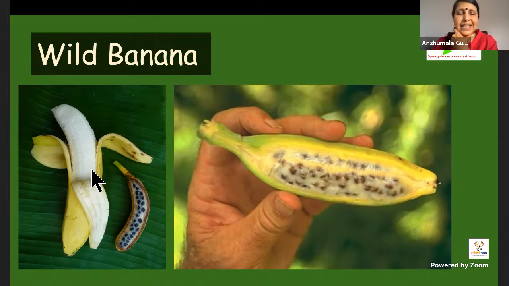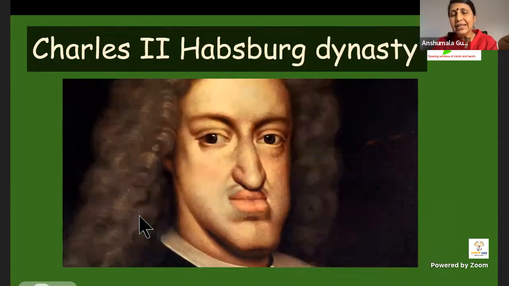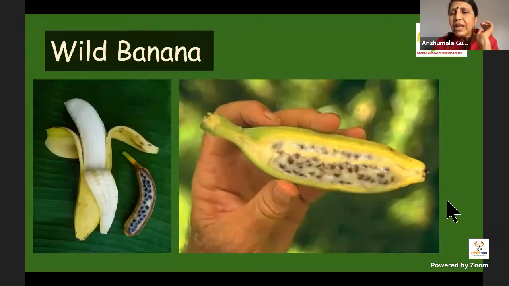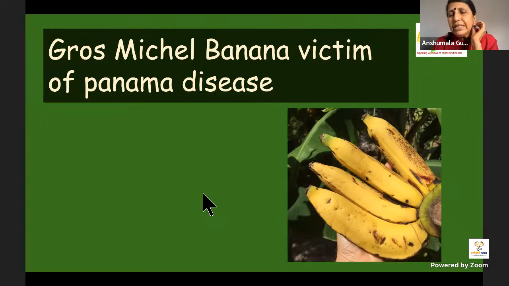And the danger is the same danger which I was saying in humans, royalty. Even British royalty has a blood-related disease, hemophilia. Even Queen Elizabeth had it, where the blood keeps coming out, bleeding keeps happening, and the blood doesn't clot. So in bananas, because we grow them only through cutting, there was this banana, the Gros Michel banana, and across the world, in thousands and thousands of orchards, they grew this banana.